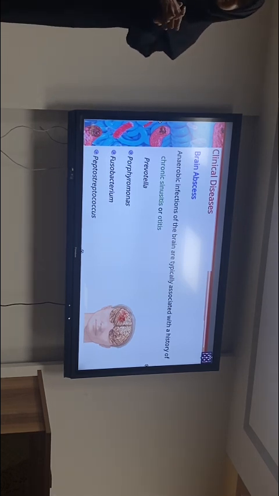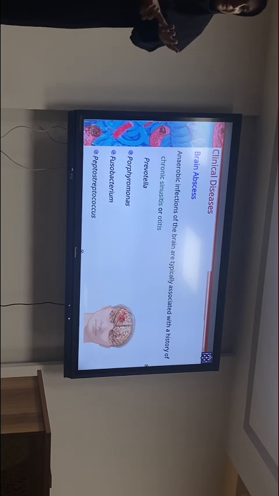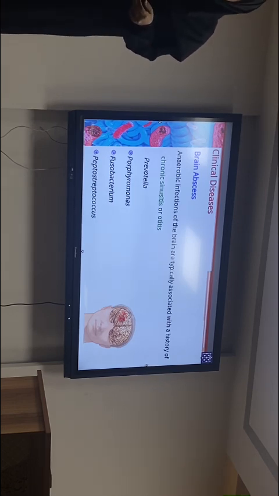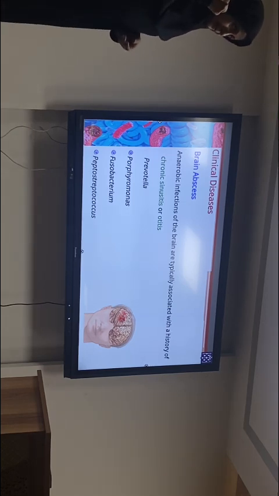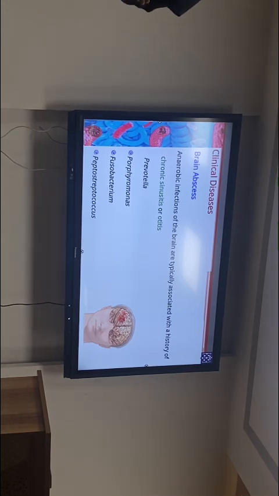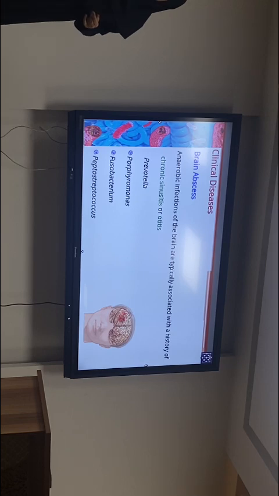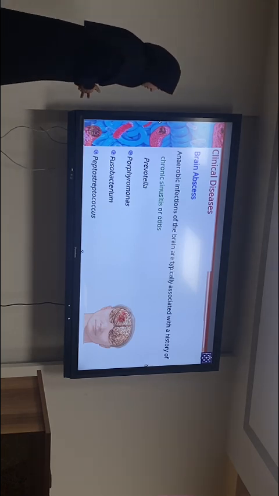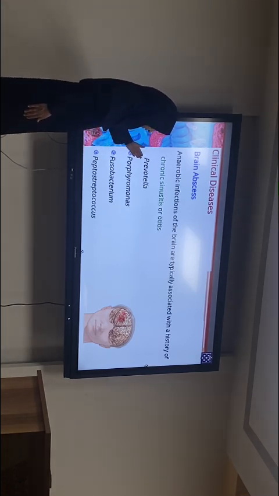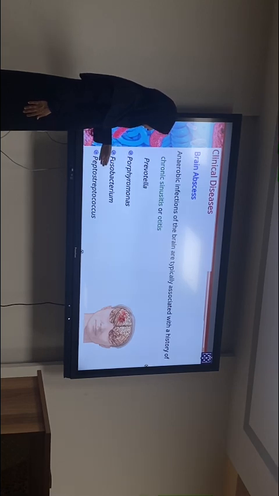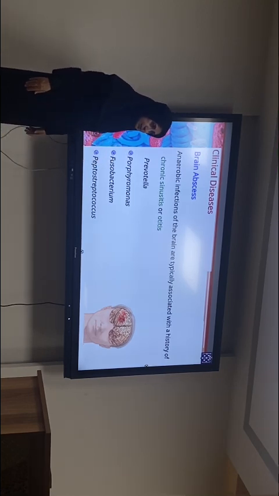If a person has an anaerobic gram-negative infection in sinuses or in his ears, if the treatment is not done completely, it may lead to brain abscess. Bacteria such as Prevotella, Porphyromonas, Fusobacteria, and Peptostreptococcus.